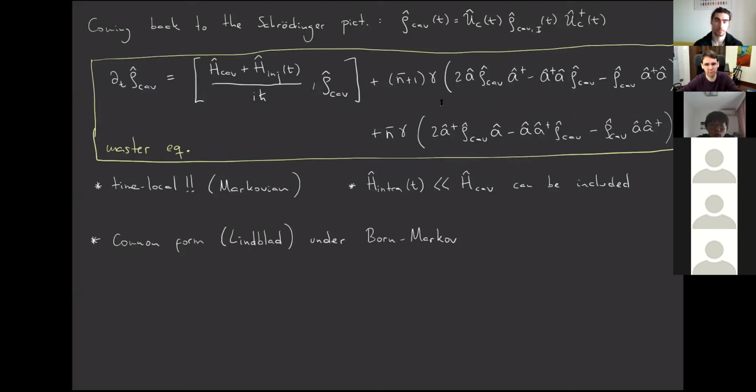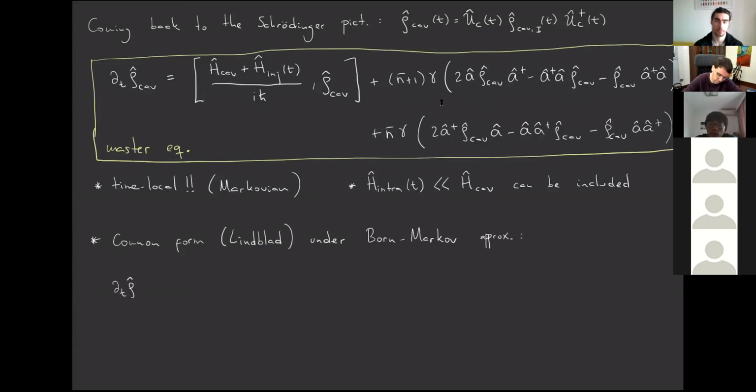So if your system satisfies the Born and Markov approximations, so this time locality that we talked about, and that you can find an interaction Hamiltonian and truncate to second order in that Hamiltonian, then under the Born Markov approximation, the master equation always has this form.